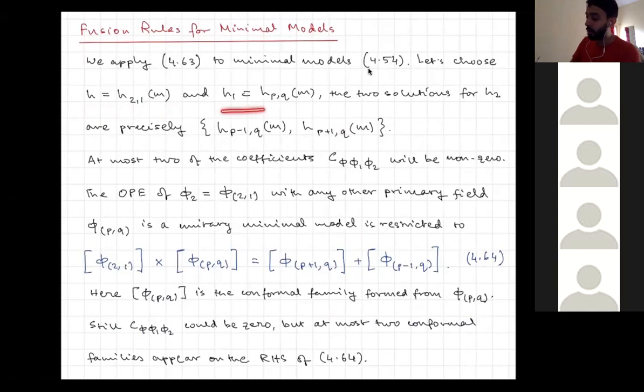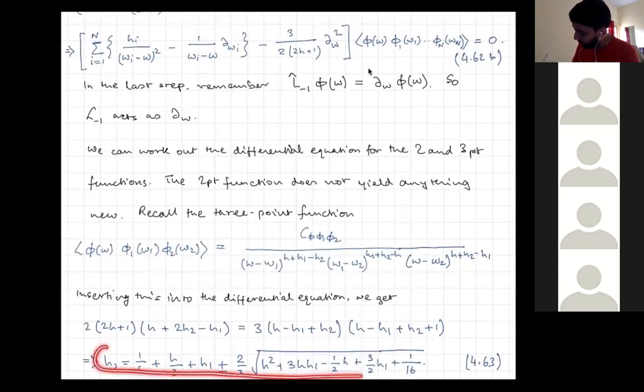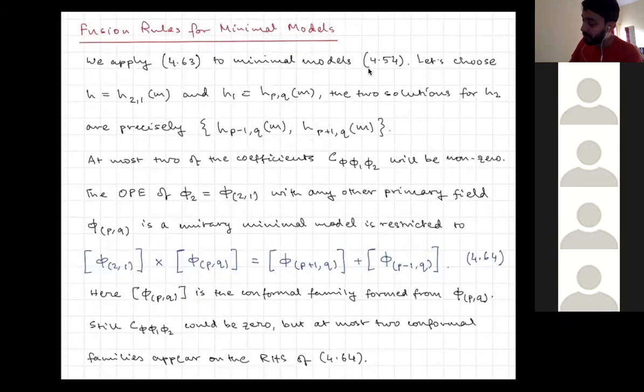We take h1 to be some arbitrary guy labeled by p, q, and m like before. Then we find that the only things that can appear, again related by this particular relation that we have here, is going to be h_{p-1,q} or h_{p+1,q}.